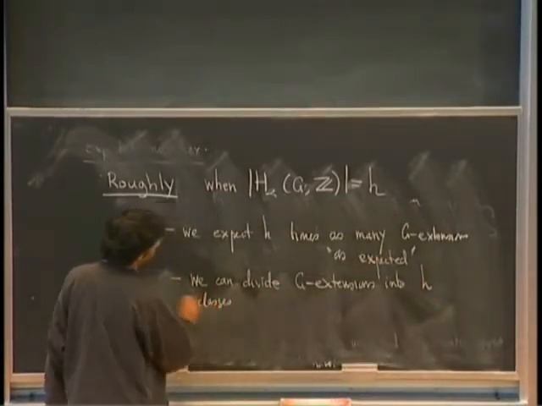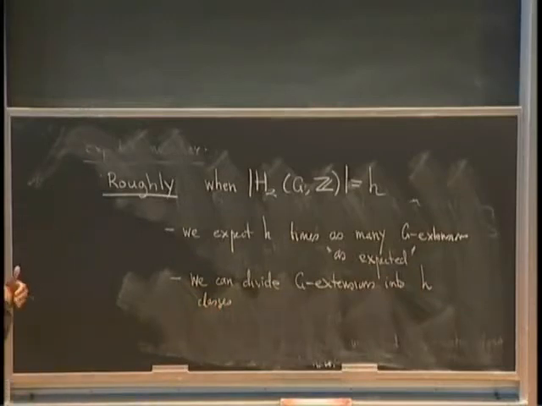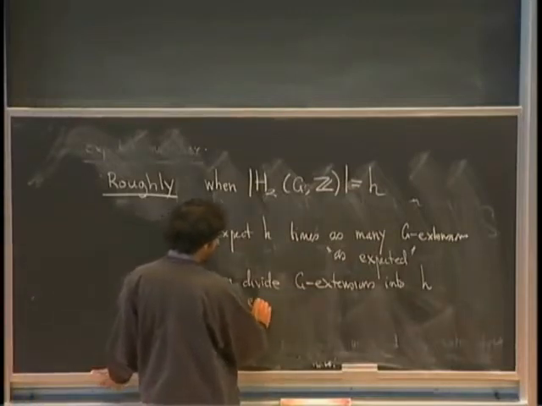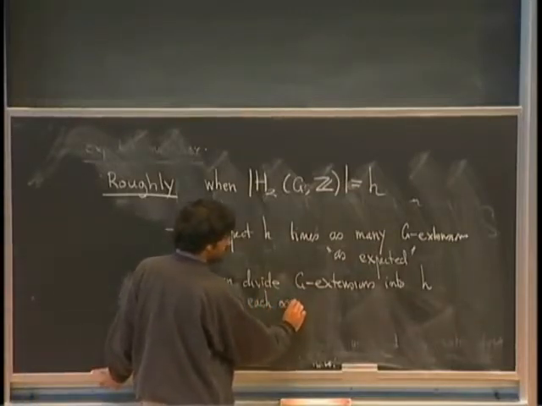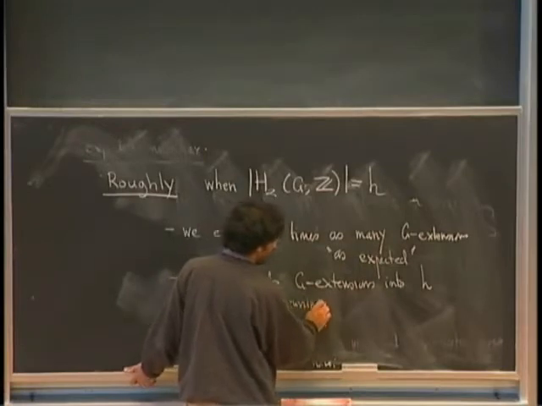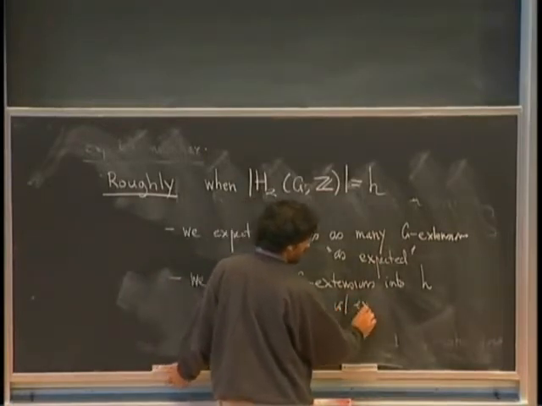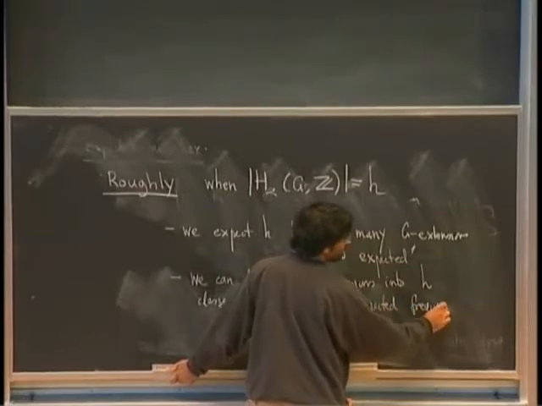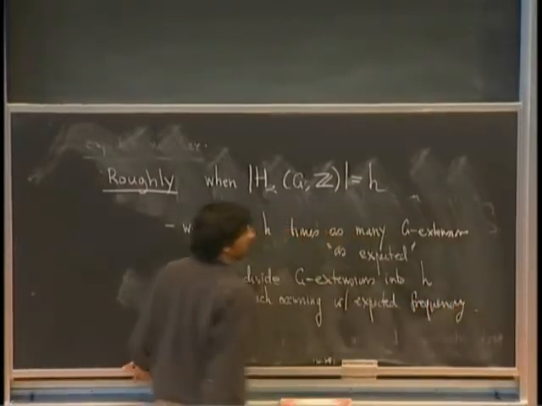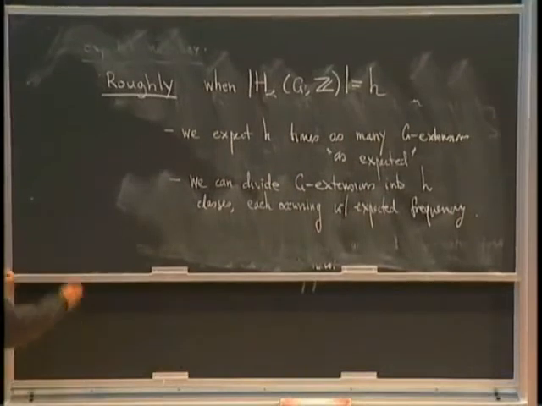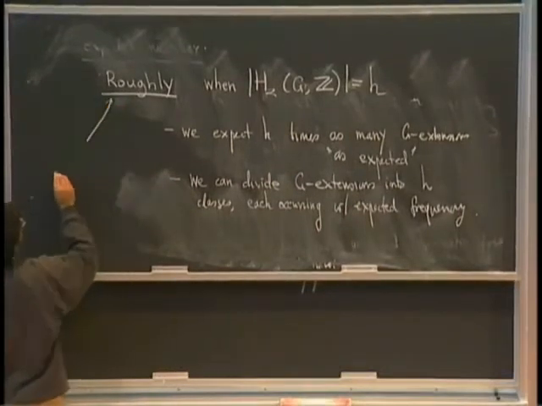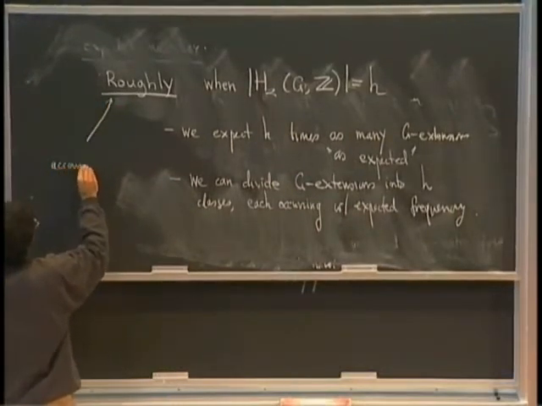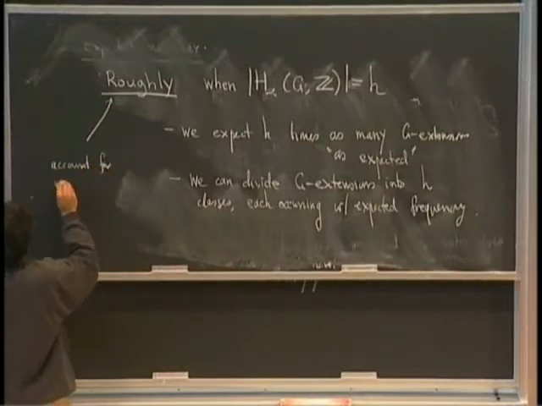So you can account for the fact there are h times as many by dividing them up into h different classes, which are an analog of these topological types, such that each occurs with the expected frequency. All right, so let me make this precise in a couple of cases. As I said, there are two reasons this is rough. You have to account for roots of unity, and you have to account for ramification.